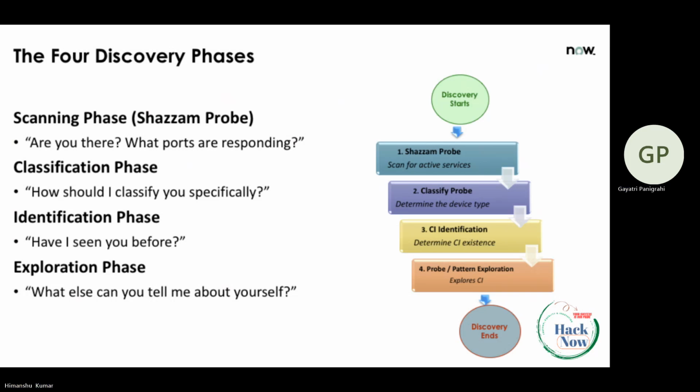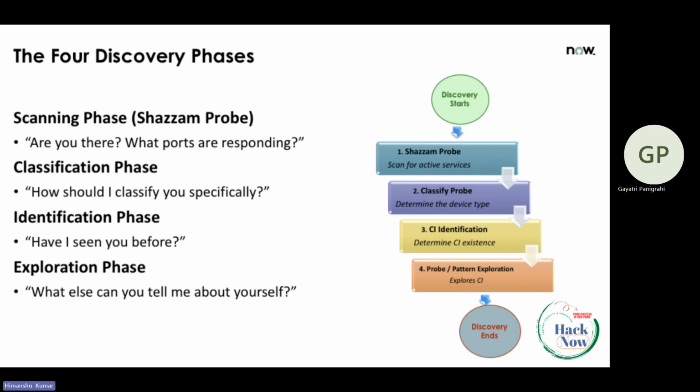If the host name is already available in the CMDB, then the discovery process has to update that record. If that record is not available in the CMDB, it has to create that record, right?